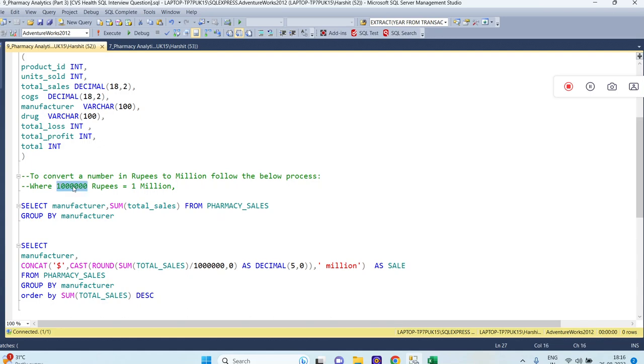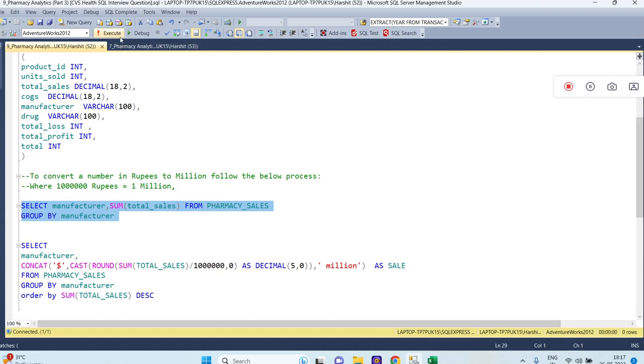Divide by 10 lakh, because 10 lakh rupees equal 1 million, right? So if you see over here, we need to identify total sales group by manufacturer, right? Because we want to find total sales for each manufacturer.